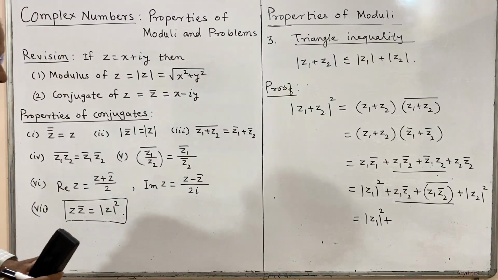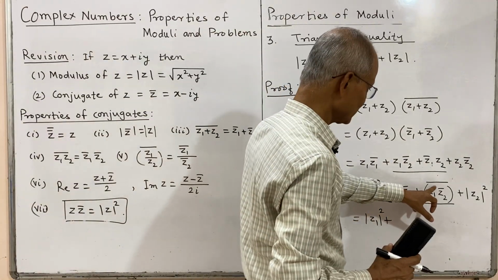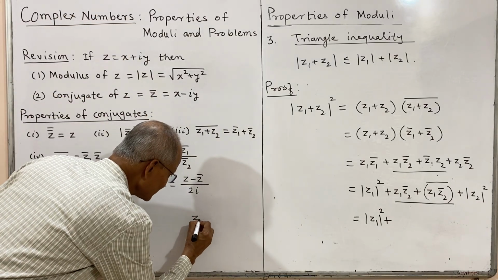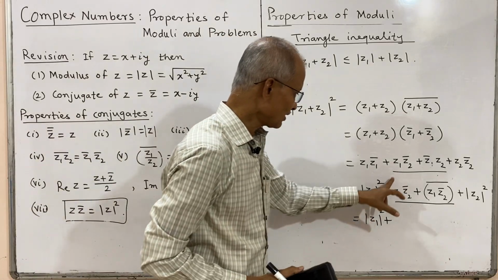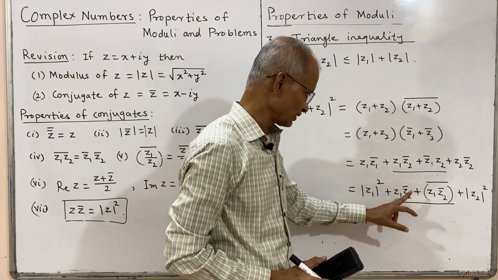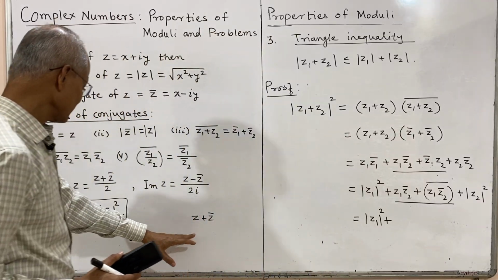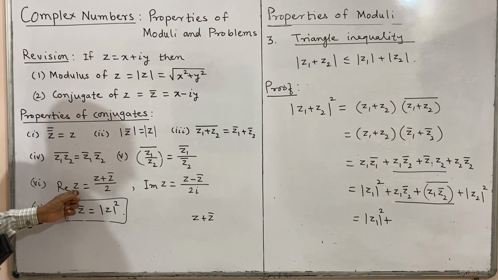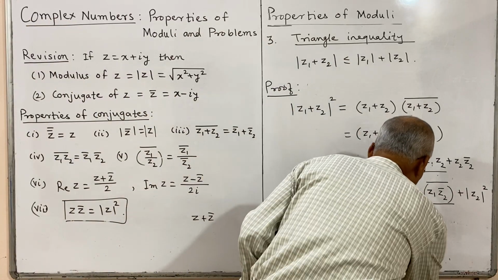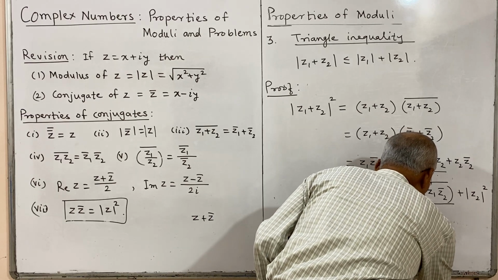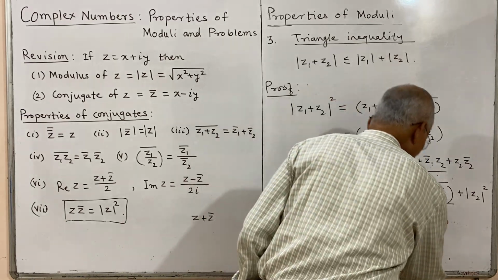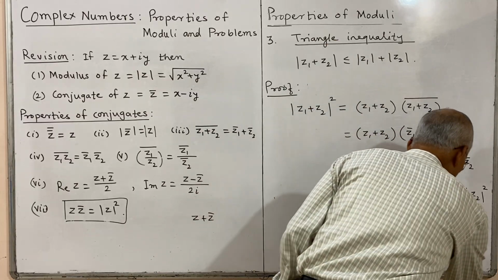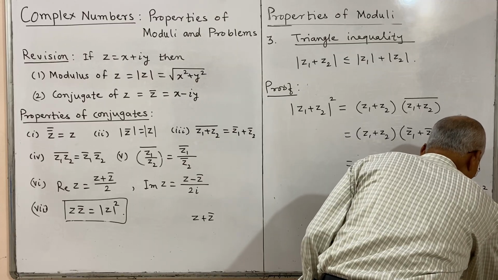Now what is this, it is like z plus z bar. So instead of z here is z1 z2 bar, this complex number plus its conjugate. A complex number plus its conjugate is 2 times the real part of the complex number, and therefore this will be 2 times the real part of z1 z2 bar, plus mod z2 square.